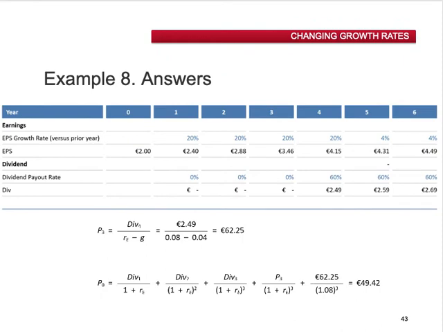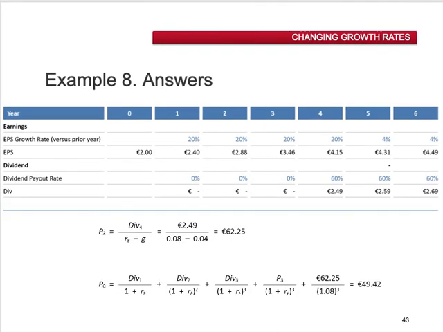Using the dividend discount model, we can actually calculate the present value of all dividends beyond year 3, so from year 4 and onwards. This model will give you a share price of 62.25 at T3. So 62.25 is equivalent to the present value of the dividend paid in year 4 and beyond.